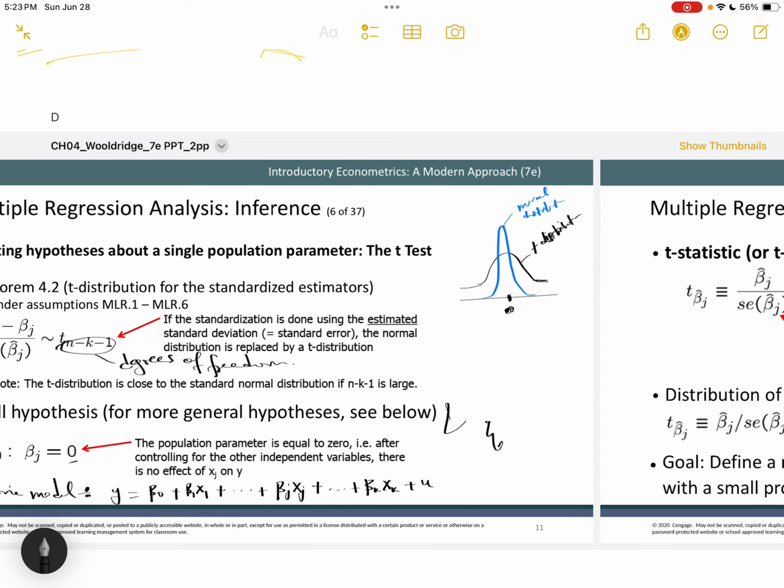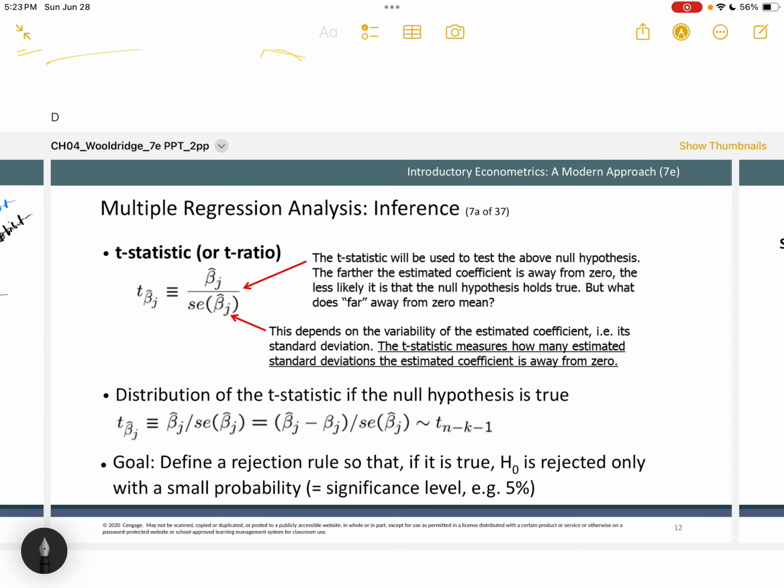Okay, let's go back. The t-test features the t statistic or the t-ratio. After you state your null hypothesis and your alternative hypothesis, you need to calculate the t-statistic or the t-ratio.